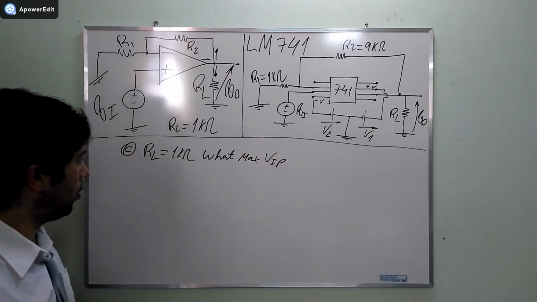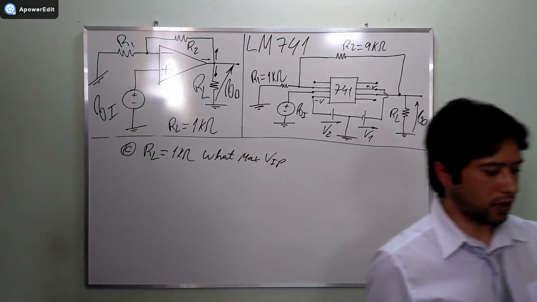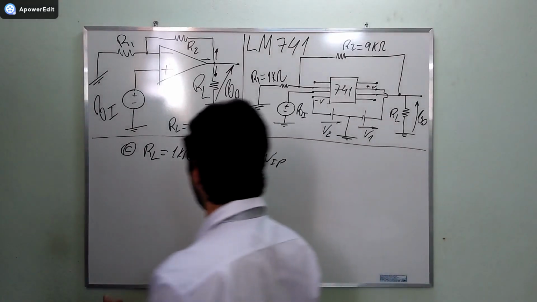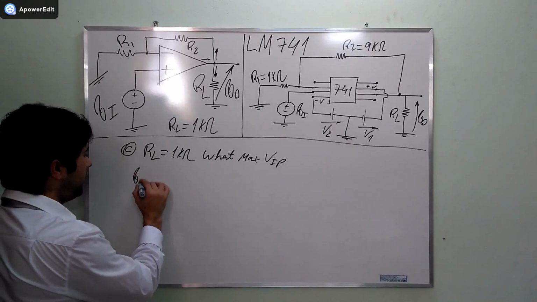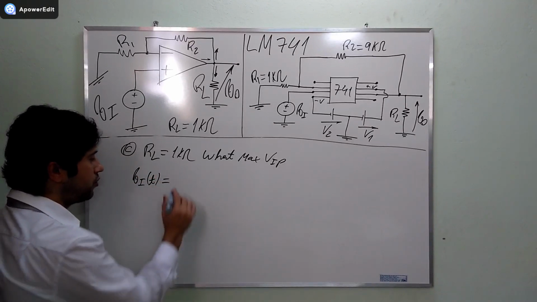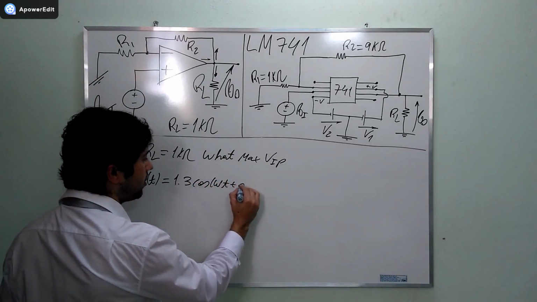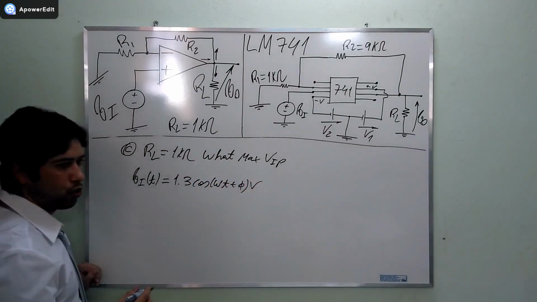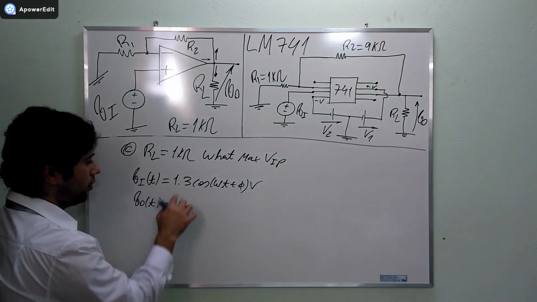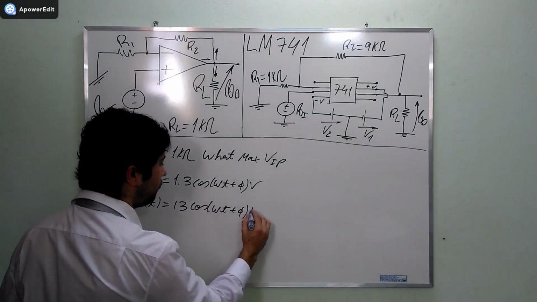The maximum value of VIP, of course, will be the limit. The maximum value of the output is going to be equal to 13. Okay, so Vi of t needs to be maximum 1.3 times the cosine Wt plus phi volts. Because when we amplify, it will become this 13, 10 times this cosine Wt plus phi volts.